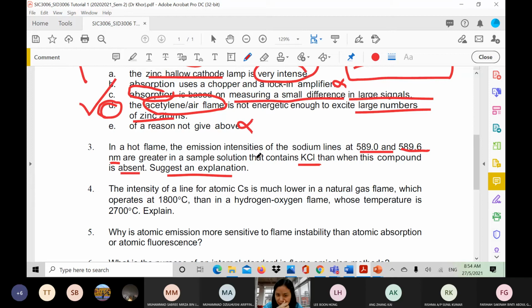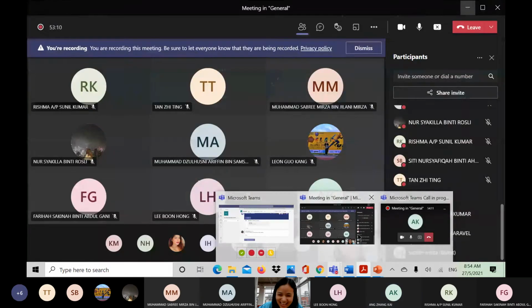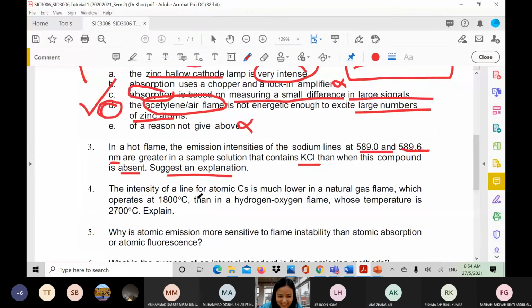Which technique are we talking about: AAS, AES, or AFS? AES. Good student. It is about AES. So we use AES to detect what?